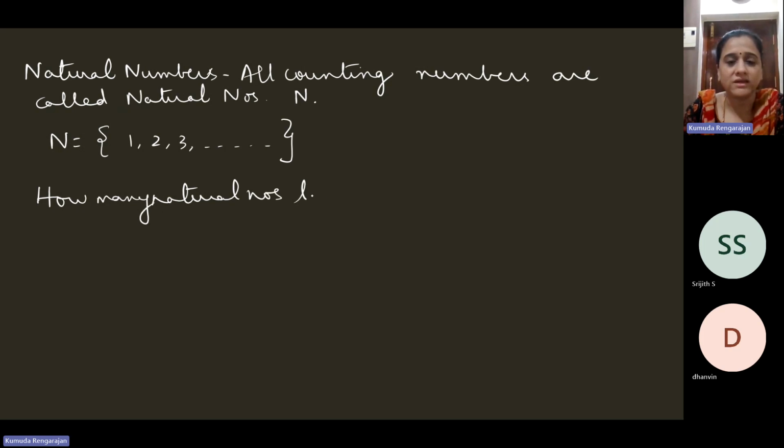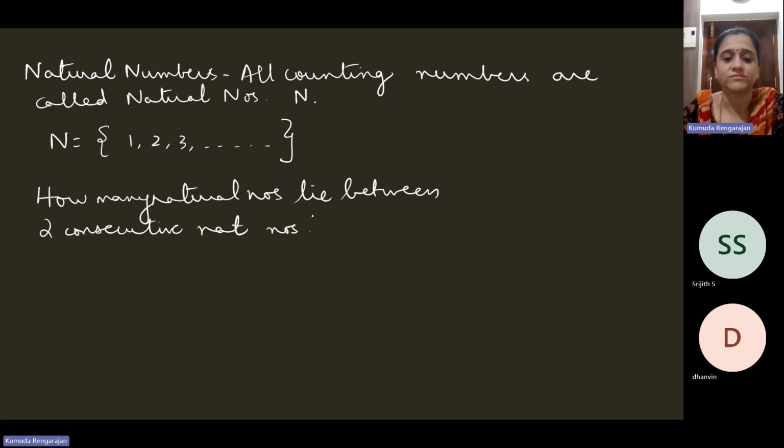My question is, how many natural numbers lie between two consecutive natural numbers?